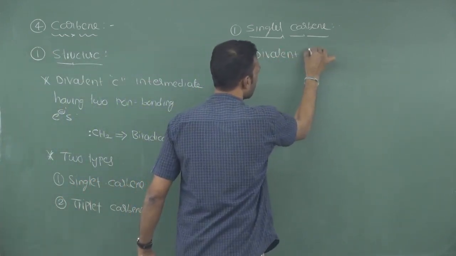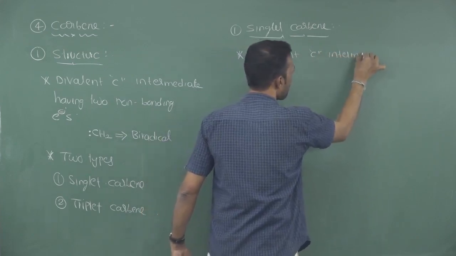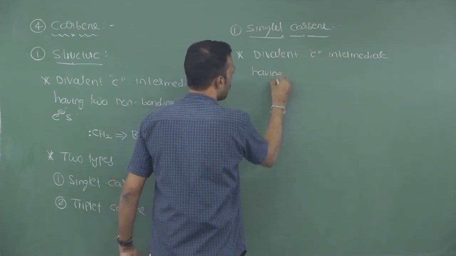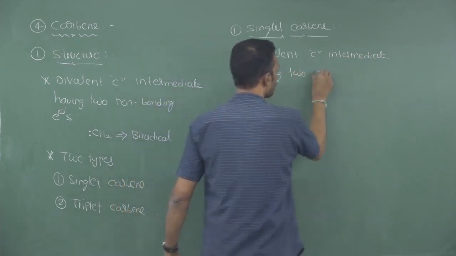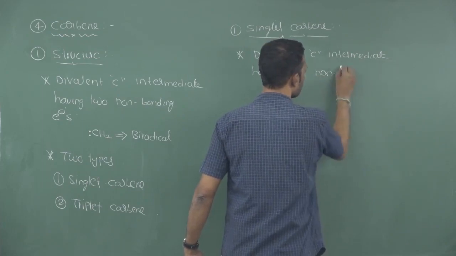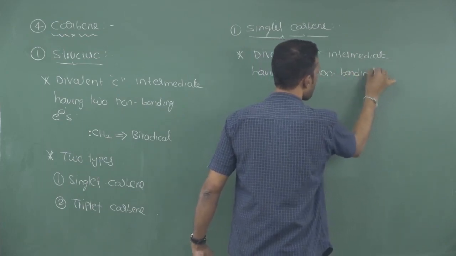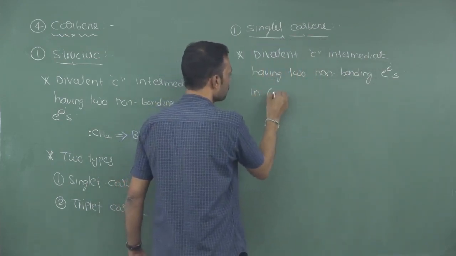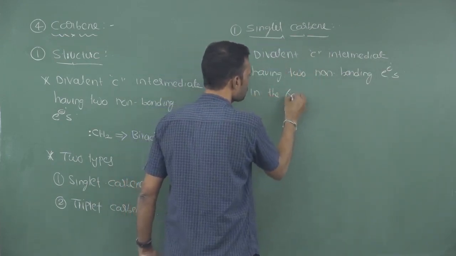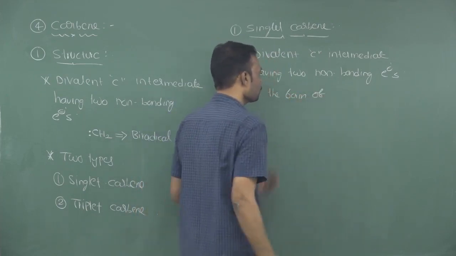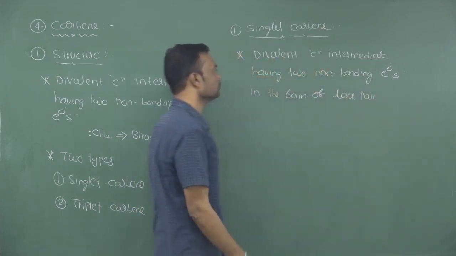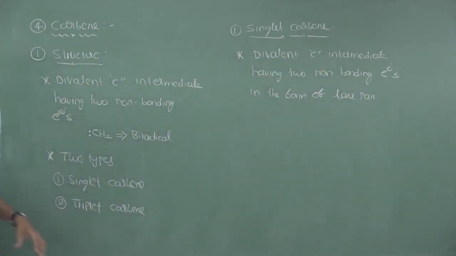So we can write it like this: a divalent carbon intermediate having two non-bonding electrons in the form of a lone pair.